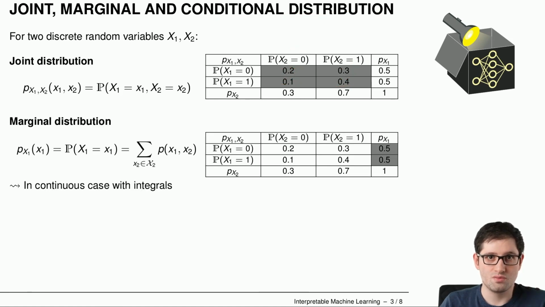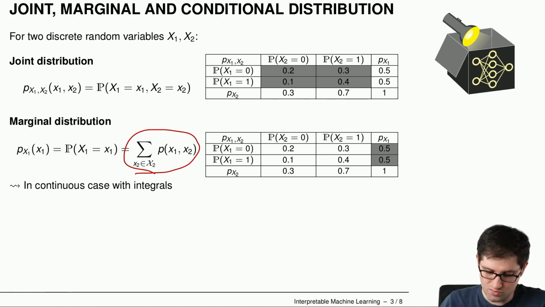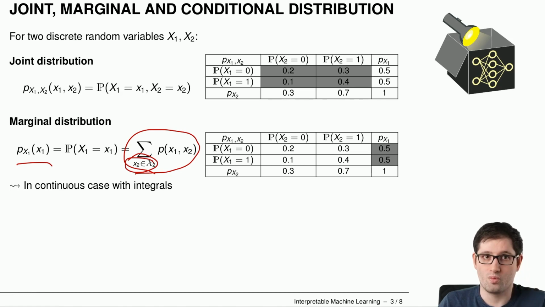The marginal distribution just sums up each value from the joint distribution with respect to one variable. For example, if we are interested in the marginal distribution of feature 1, we are summing over each possible value given by feature 2, the other feature.